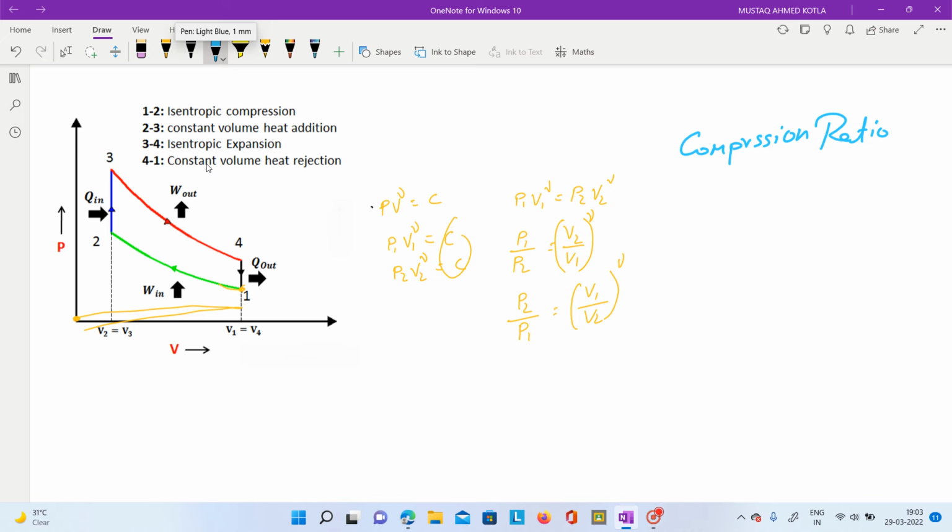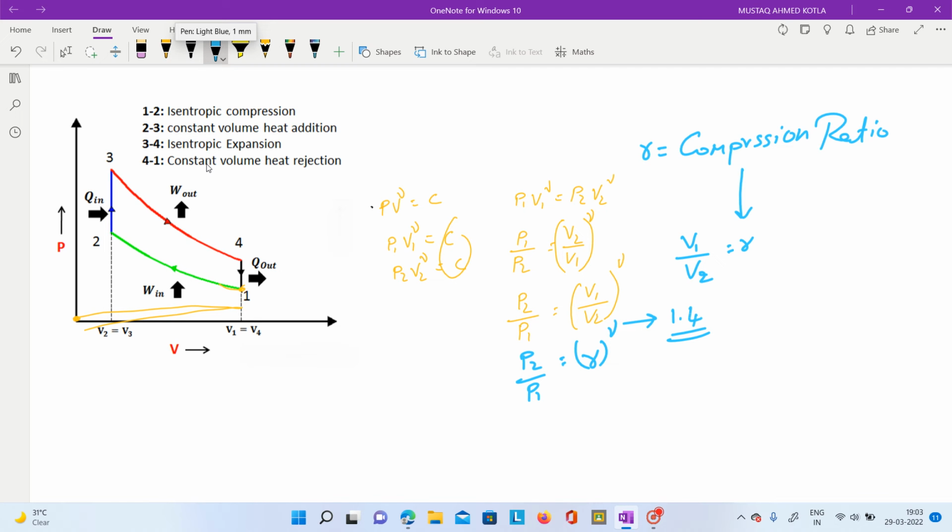We are talking only from the problem perspective. The compression ratio is denoted by the letter small r. V1 by V2 equals small r, which is called the compression ratio. Therefore, P2 by P1 equals r^gamma. Here gamma equals 1.4, it is a constant value.